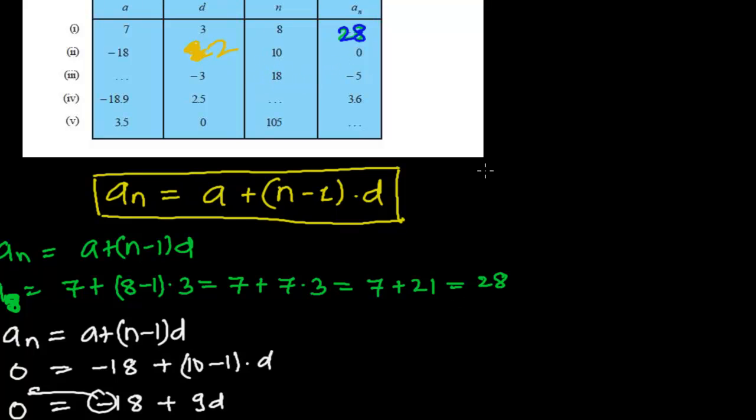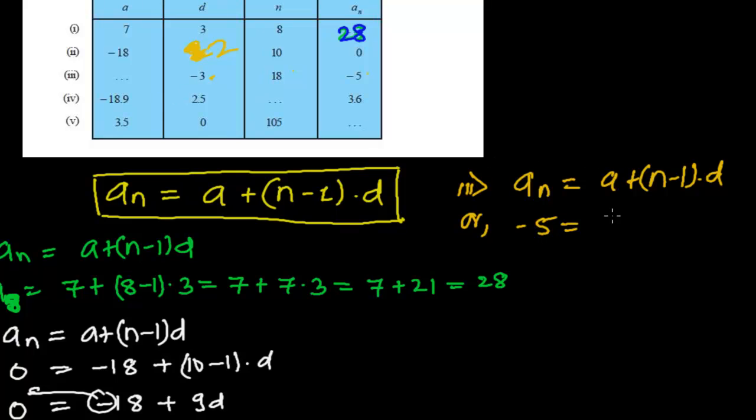Again, I'm just going to put the values in the formula, AN equals A plus n minus 1 times D. There are 4 things in the formula: the nth term, first term, n, and D. If you know 3 things, you can easily find the 4th one. Here we have got 3 things, so easily we can find this. So simply AN is minus 5.